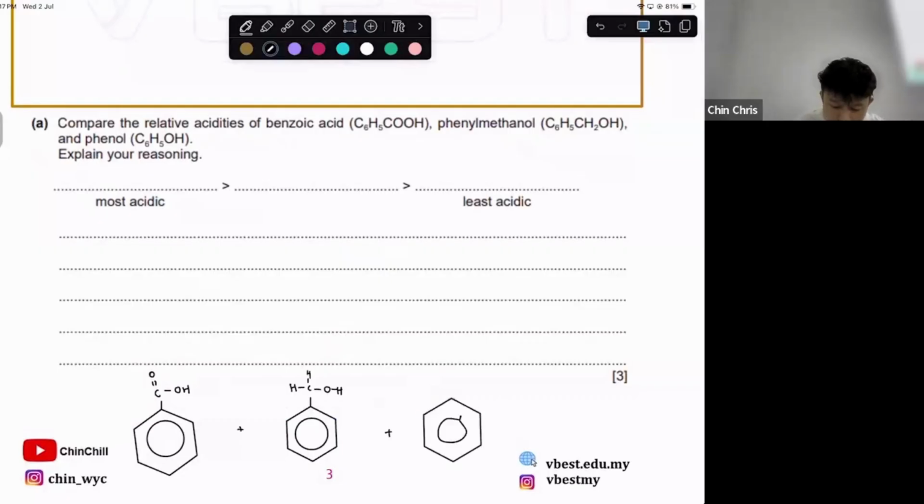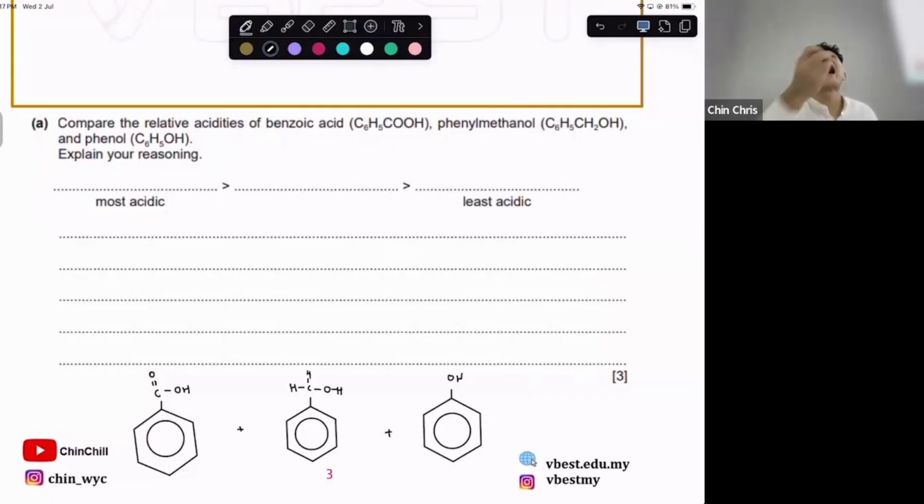Alright, guys, we have these three. Please tell me which one is the most acidic. Phenol is the most acidic.